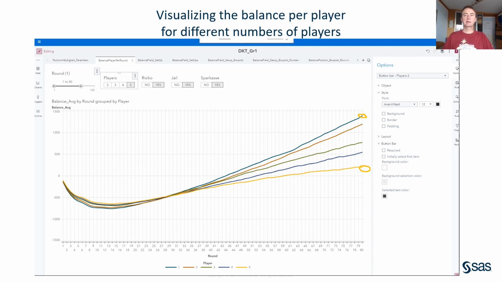Again, very nicely done by my students, and how they presented here a dashboard in SAS Visual Analytics.